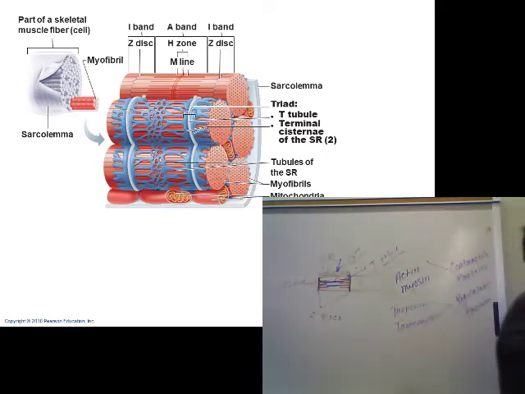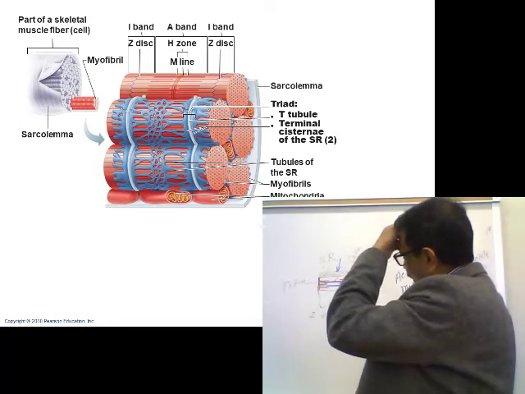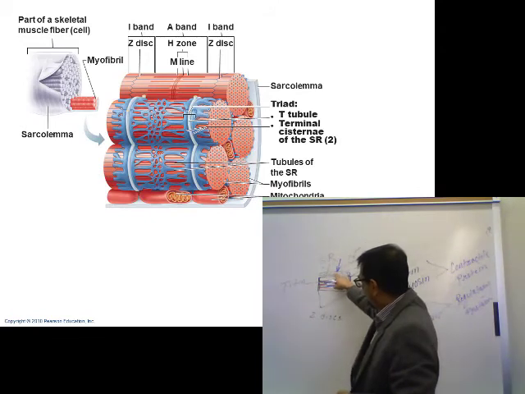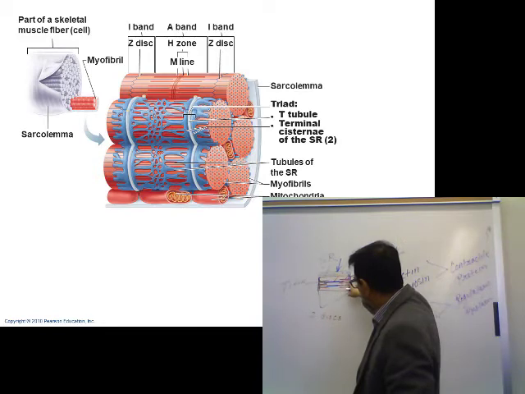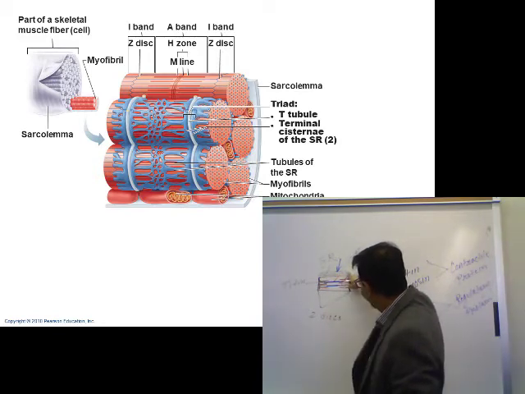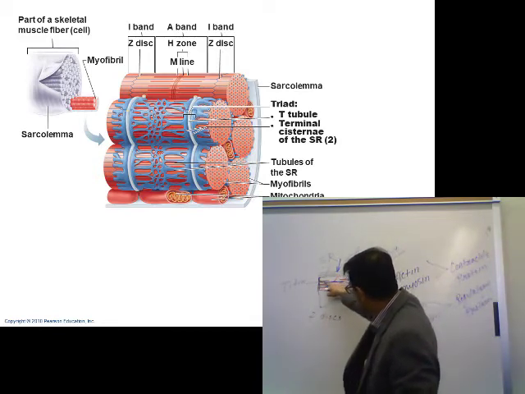The T-tubule is the tube-like structure that takes the calcium from the sarcoplasmic reticulum to the sarcomere. So calcium will be released here, and that will bind with the troponin. We'll move the troponin to the side, and that is how contraction will occur. So the signal will arrive here that will tell the SR to release the calcium into the T-tubule. The T-tubule will bring the calcium and release it inside the sarcomere.